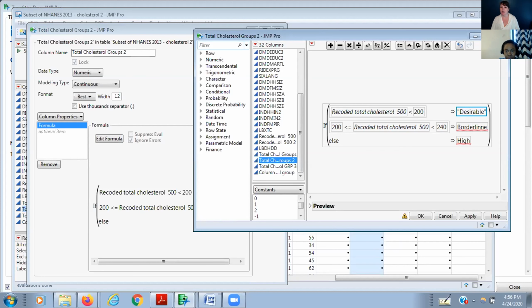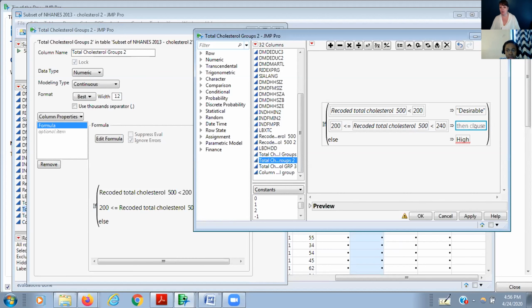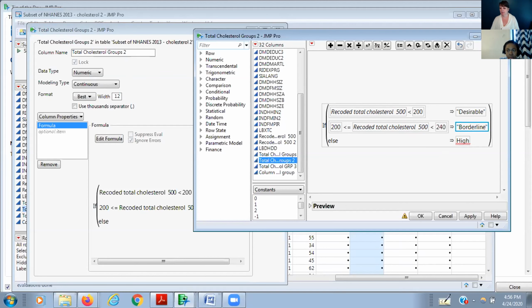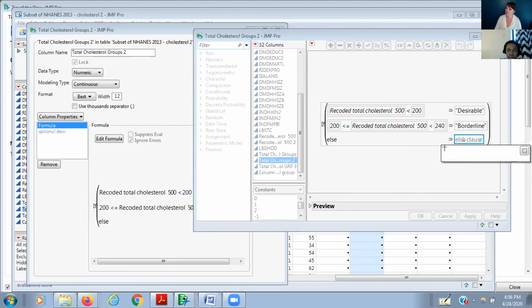Okay, click on borderline, press delete, type your quote, type borderline, press enter. Click on high, press delete, type your quote, type high and press enter.